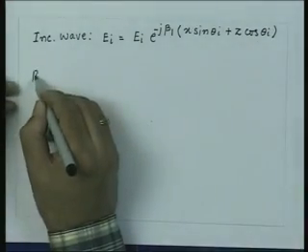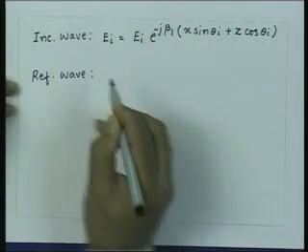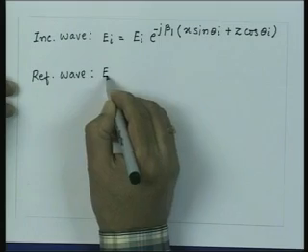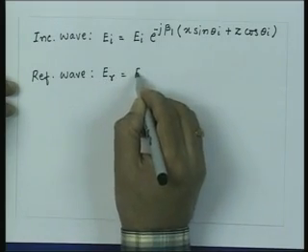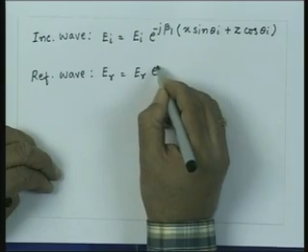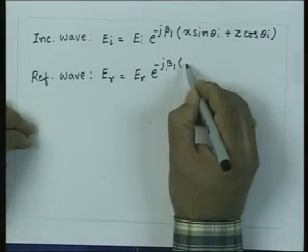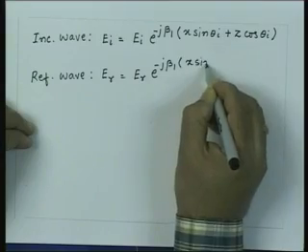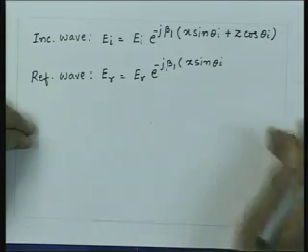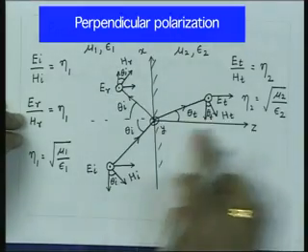For the reflected wave we have ER, that is the amplitude ER, e to the power minus j beta 1 x sin theta I. But now this wave is going in the opposite direction with respect to z.